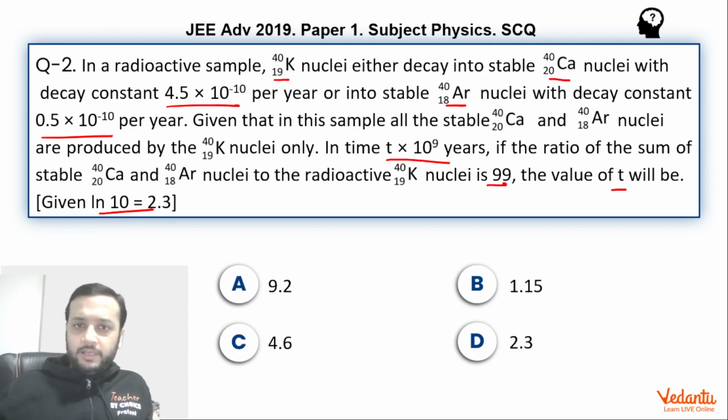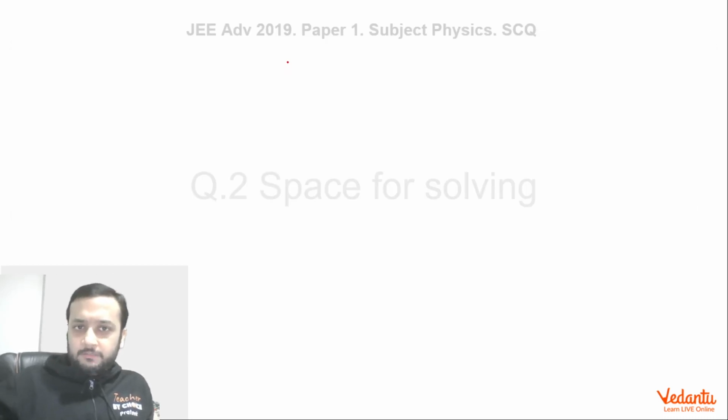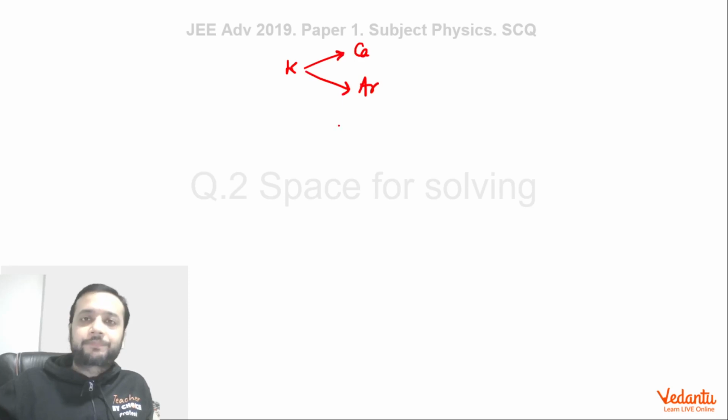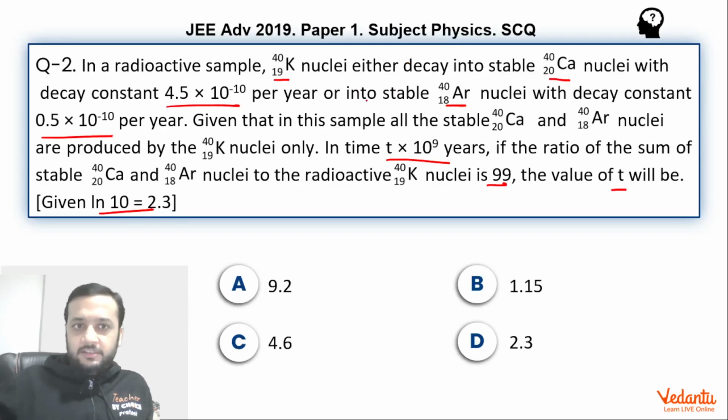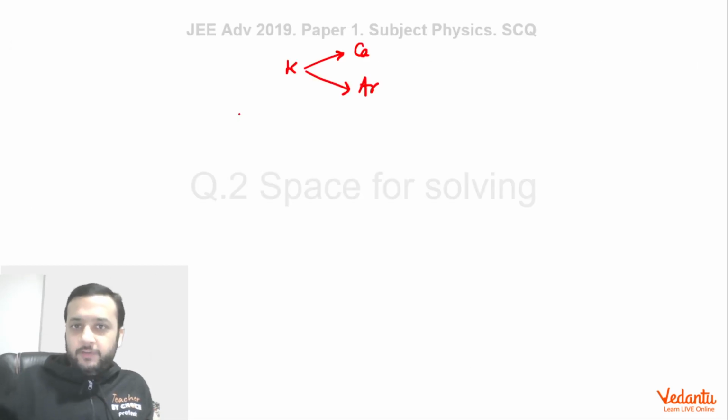First of all, we need to realize in this question that potassium, either it can decay into calcium or it can decay into arsenic, right? The decay constant of calcium has been given as 4.5 into 10 to the power minus 10. This we can call lambda 1. And similarly here it is 0.5 into 10 to the power minus 10.